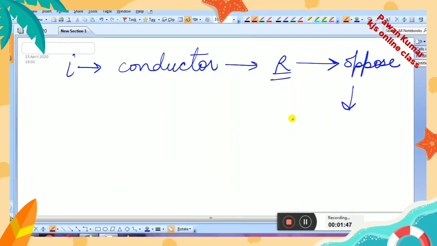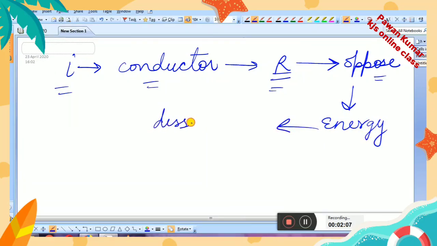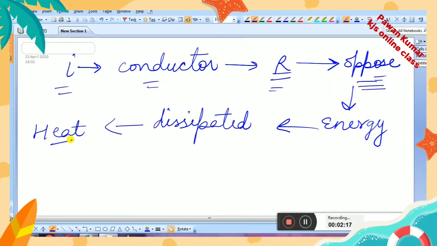So when current flows through a conductor having some resistance which opposes its flow, some energy is wasted, or rather dissipated, against this opposition.